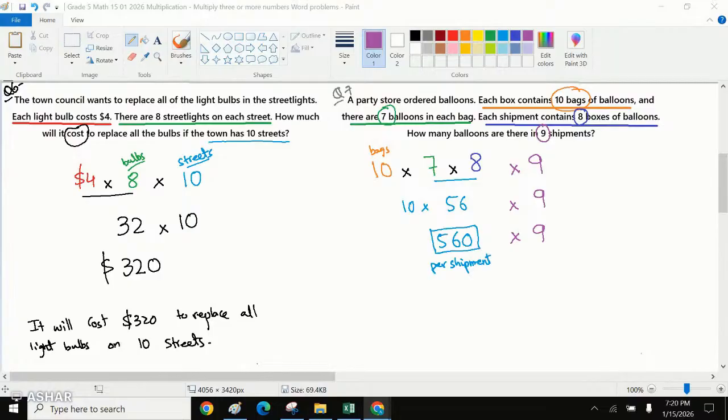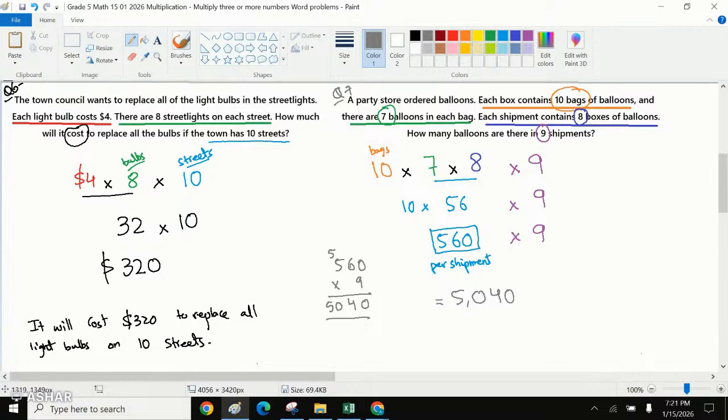We are doing word problems today in which we are multiplying 3 or more than 3 numbers together, right? So 560 multiplied by 9: 9 times 0 is 0. 9 times 6 is 54. We'll leave the 4, we carry the 5. 9 times 5 is 45 plus 5 would be 50. So when we multiply 560 by 9, it comes out to be 5040.